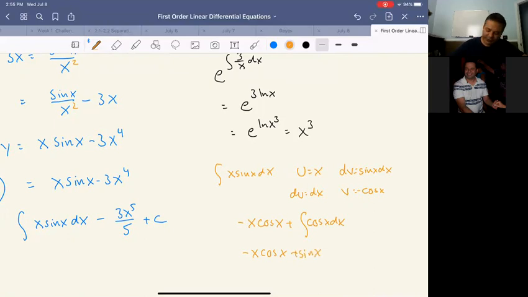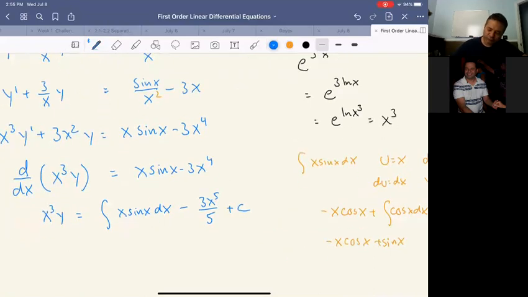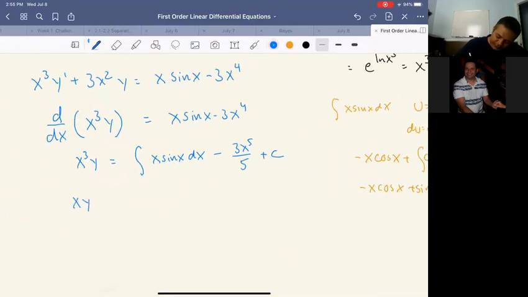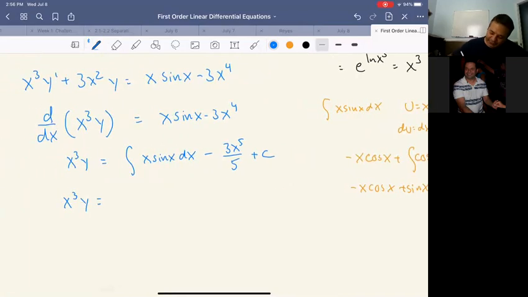So here we get x cubed y equals sine x minus x cosine x minus 3x to the 5th over 5 plus c.